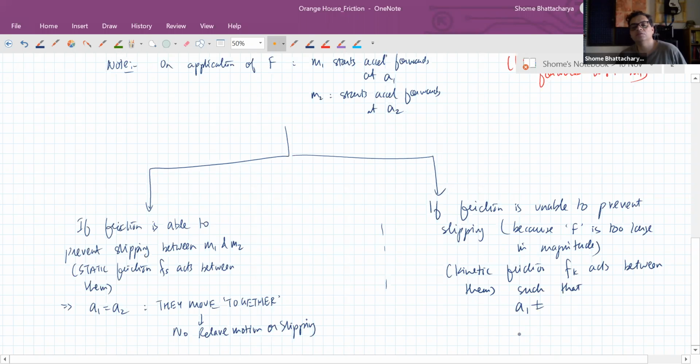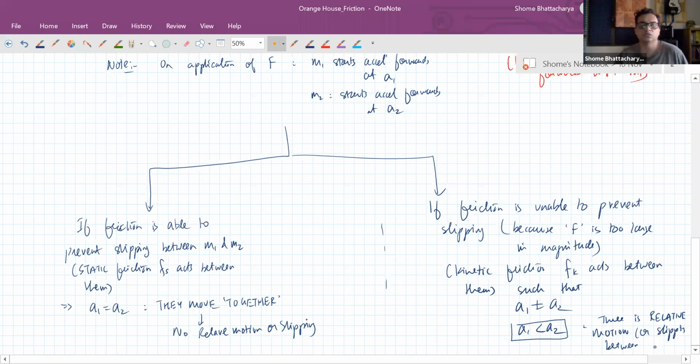In fact, A1 will become smaller than A2. There is relative motion or slipping between them. So these are the two types of motion which are possible.